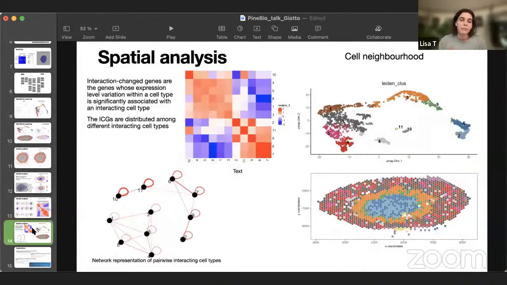And one more, maybe the most interesting thing, is how the cells interact. The first step is to find the interaction changed genes, the genes whose expression changes when there's interaction with different cells. And based on these genes, we can find cell types that are interacting within this cluster or with other clusters.